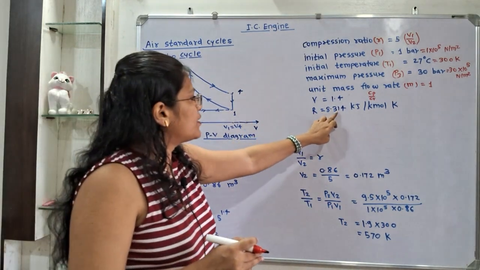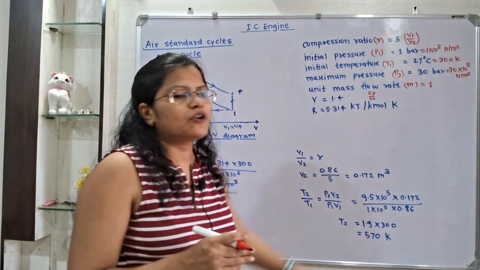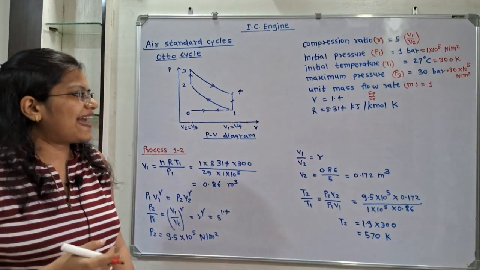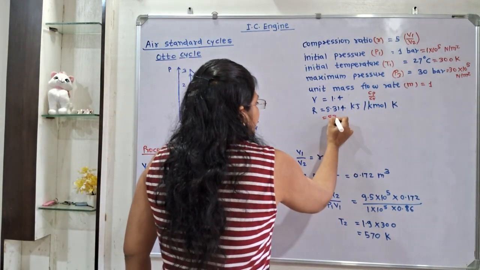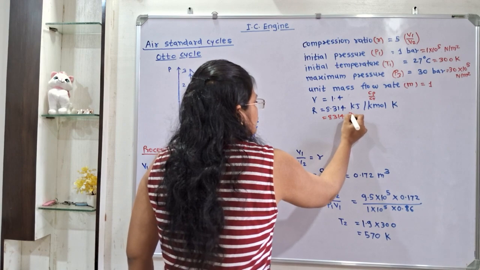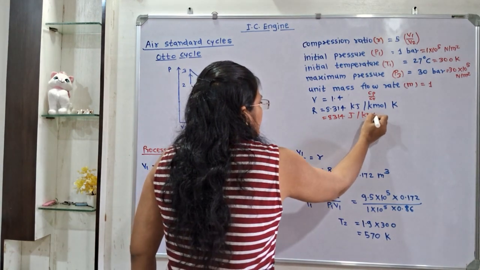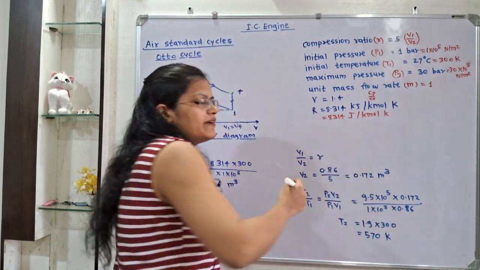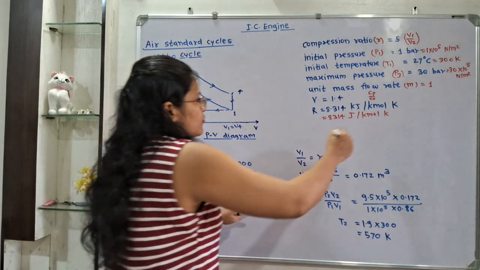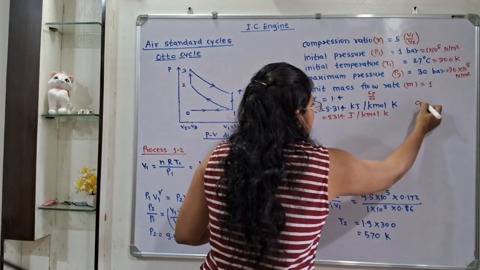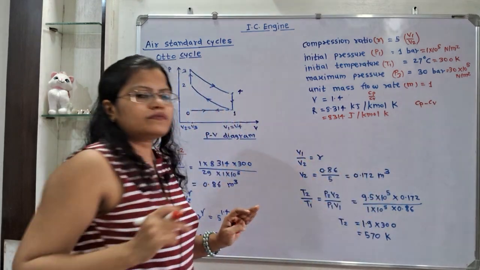It is 8.314 kilojoule per kilomole Kelvin. For the calculation we will use joule per kilomole Kelvin, so 8314 joule per kilomole Kelvin, so we multiply with 10 raised to 3. And how to calculate R? It is Cp minus Cv.